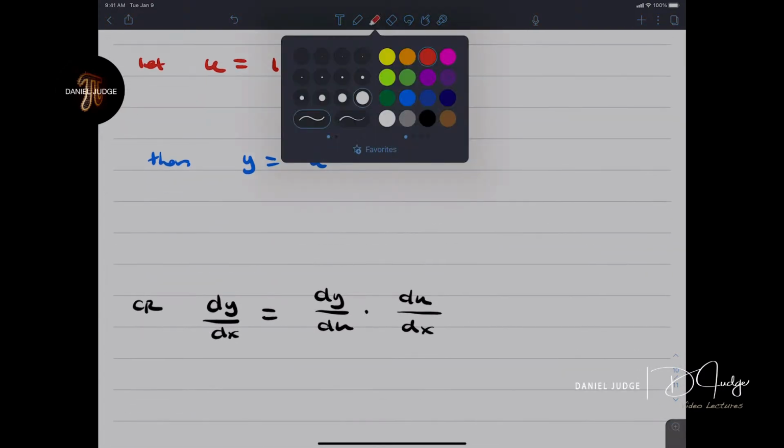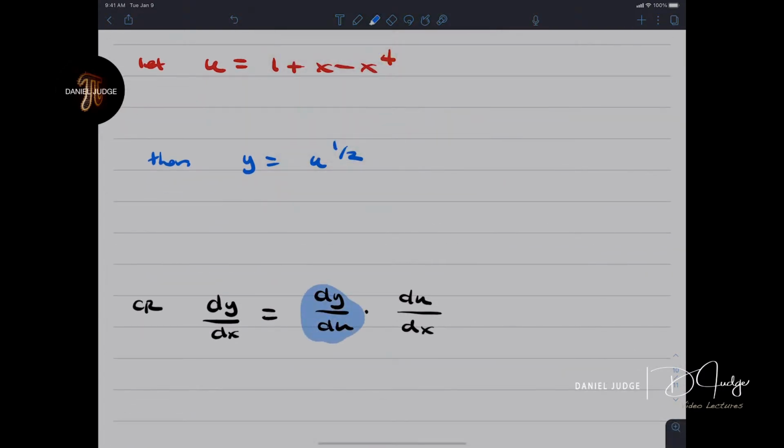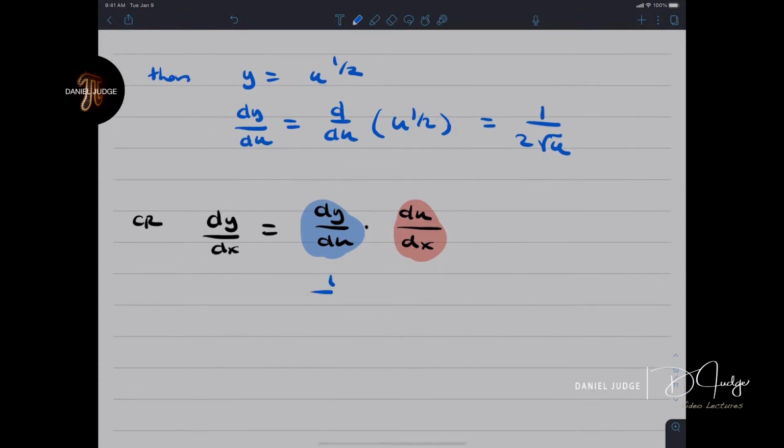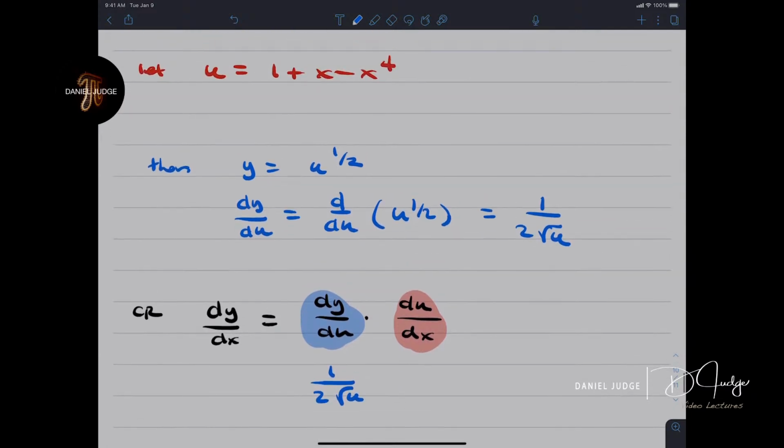So we get to use chain rule here. In blue, we need dy du, and then in red, we need du dx. So dy du is the derivative of u to the 1/2, which is 1 over 2 square root of u. Now du dx over here.